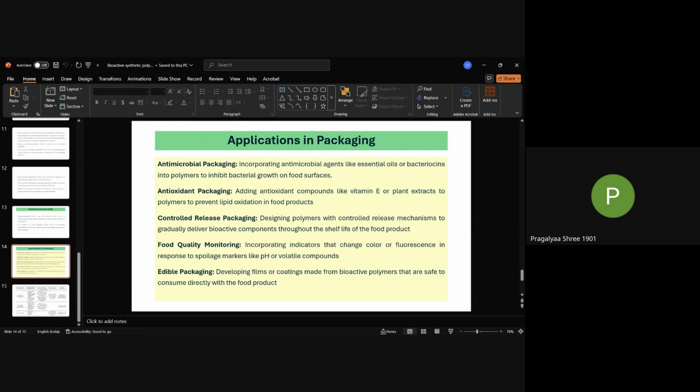The consumers will not see the coating, because this coating is applied as a thin layer on the surface. You know very well that apples are coated with wax coating. They are not using natural wax, they are using some artificial wax, which is not advisable to consume.